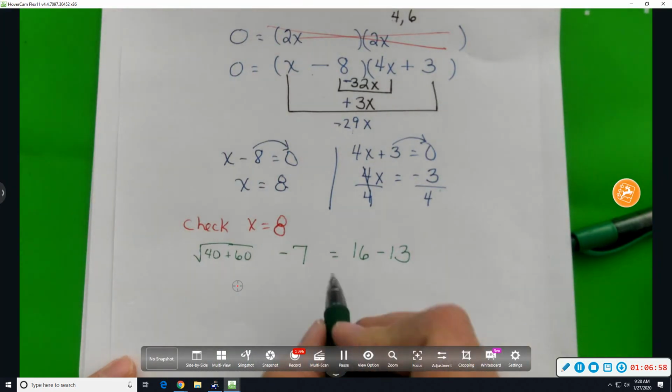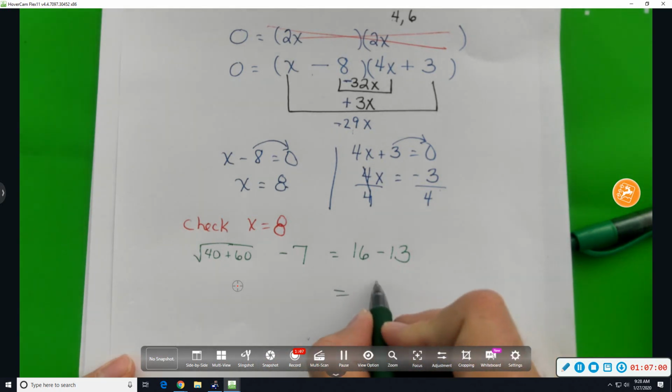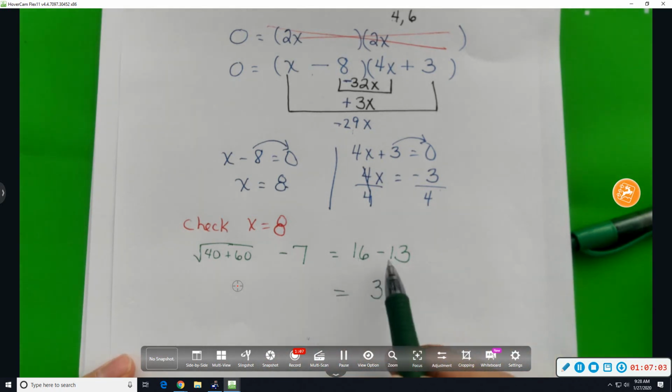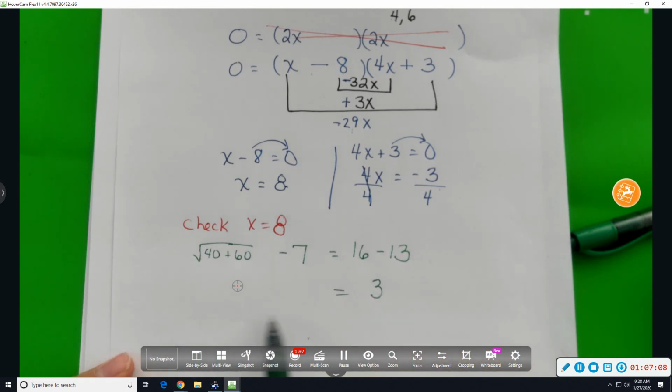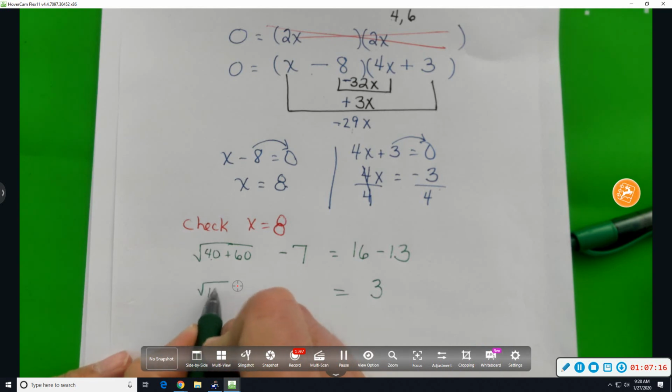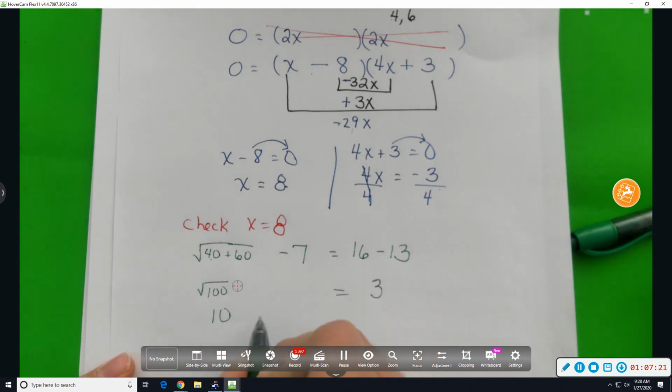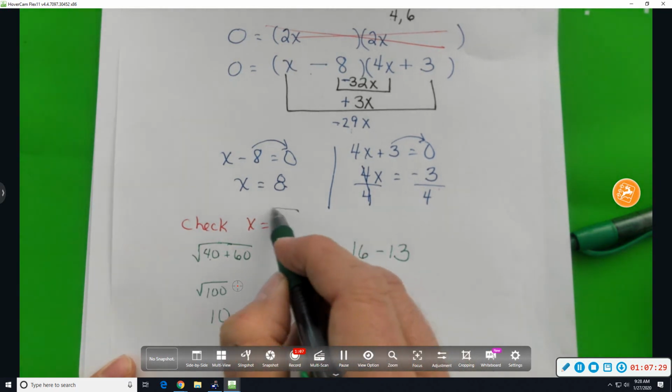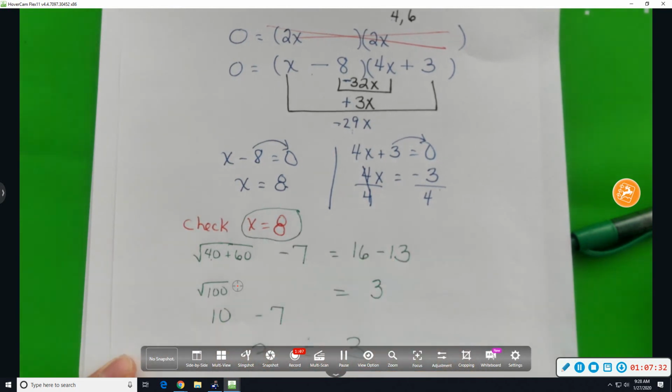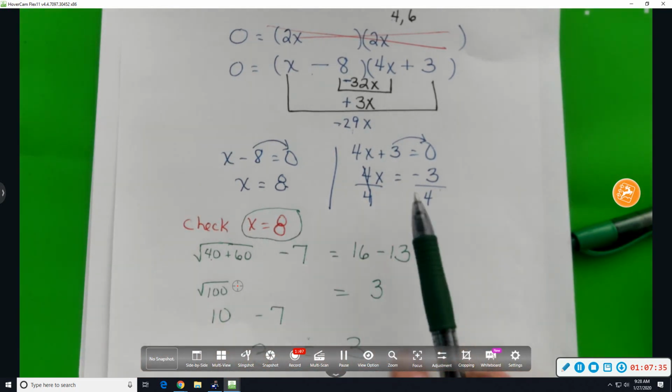Let's continue simplifying. Well, 16 minus 13, that's pretty easy. 3. Are we getting a 3 over here? What are we getting over here on the left? 40 plus 60 is 100. What's the square root of 100? 10. Then minus 7. Are we getting 3 on both sides? That means 8 checks. Do I need to check the negative 3 over 4?